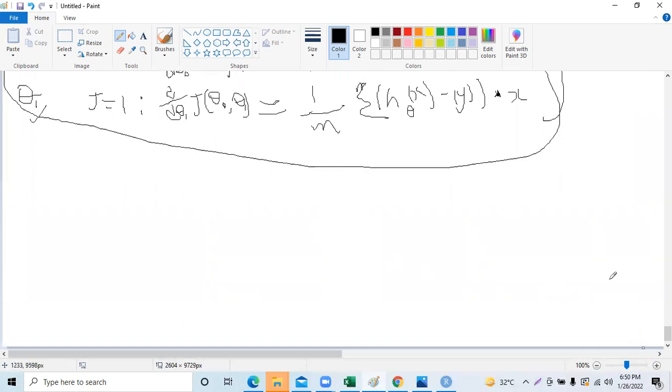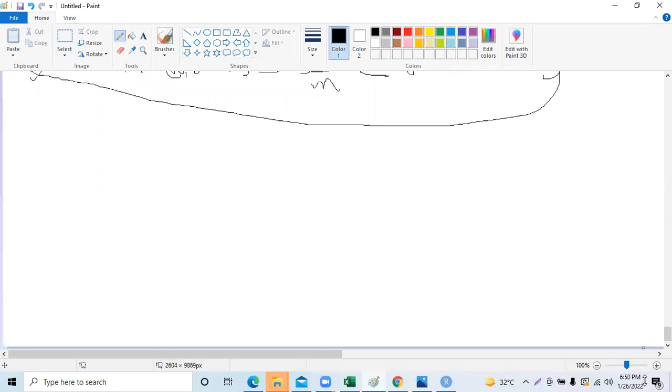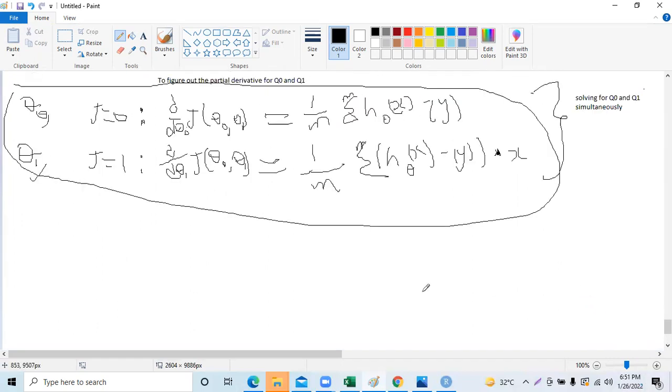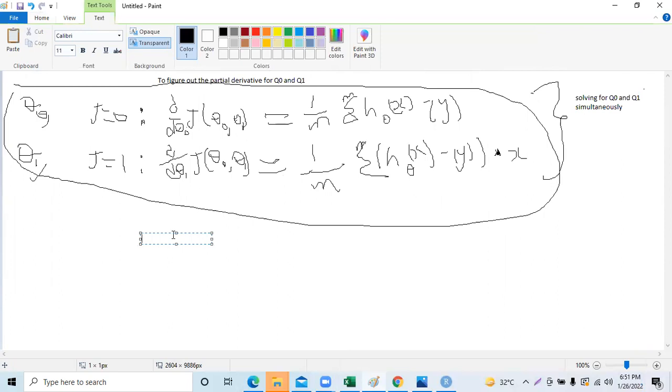Hold on. So writing out gradient descent now. So this is the gradient descent algorithm for linear regression.